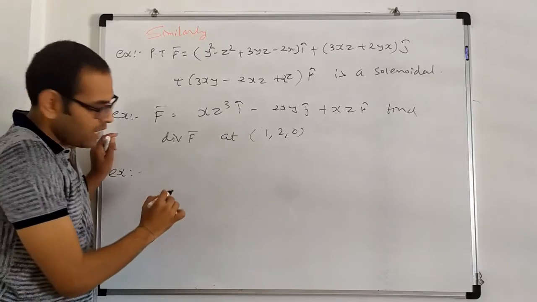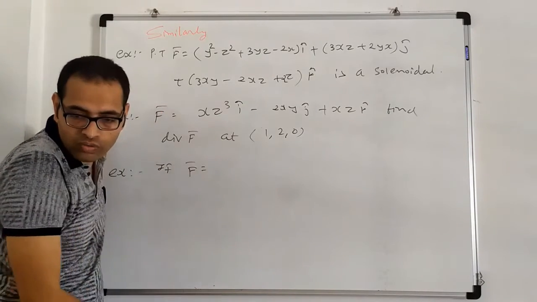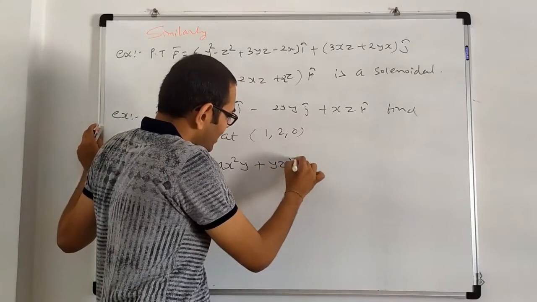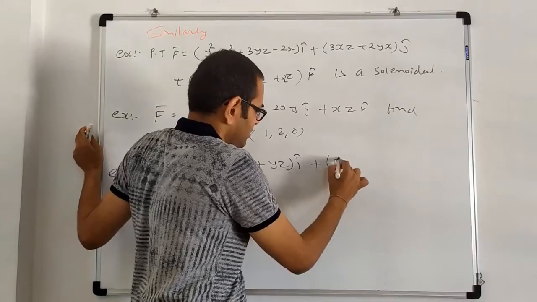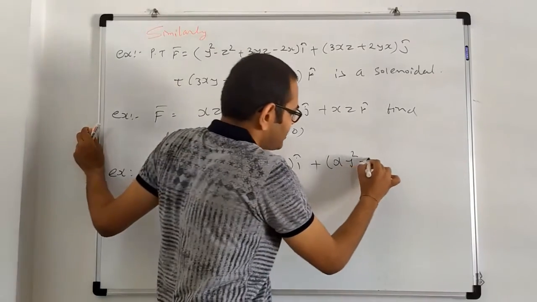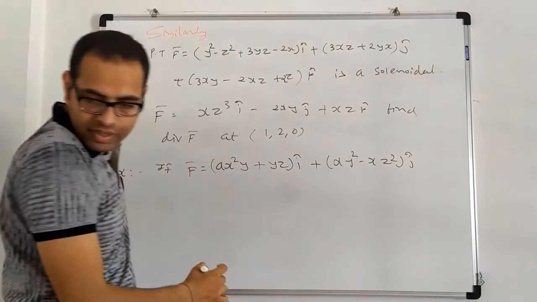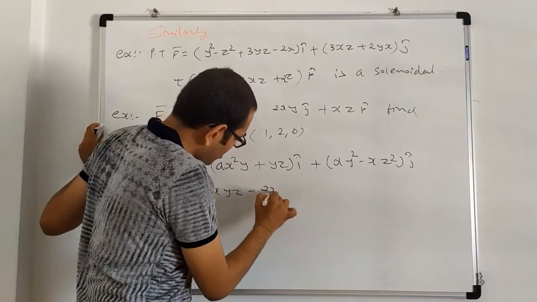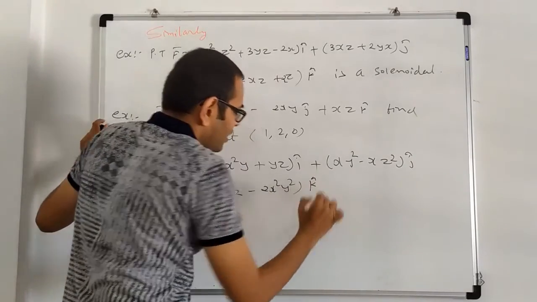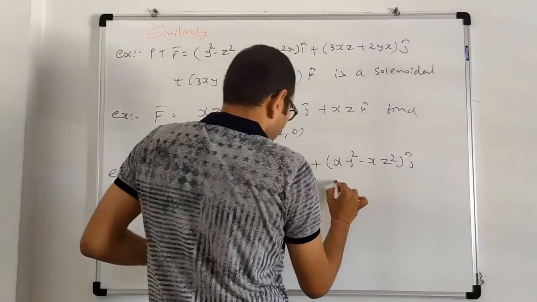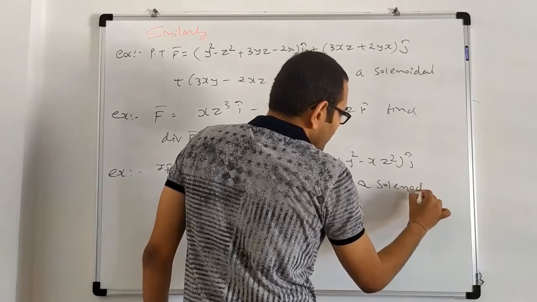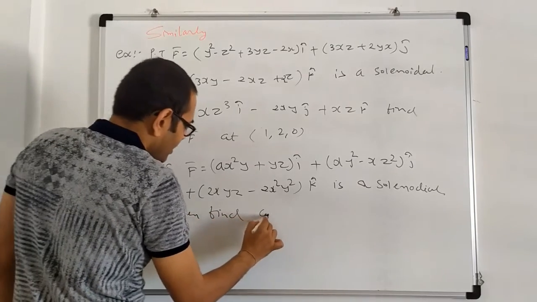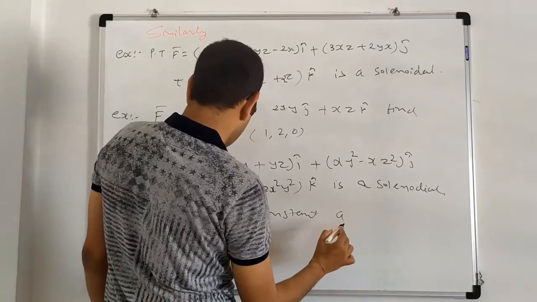Another counter example is: if f bar equal to (ax square y plus yz) i cap plus (xy square minus xz square) j cap plus (2xyz minus 2x square y square) k cap is solenoidal, then find the constant a.